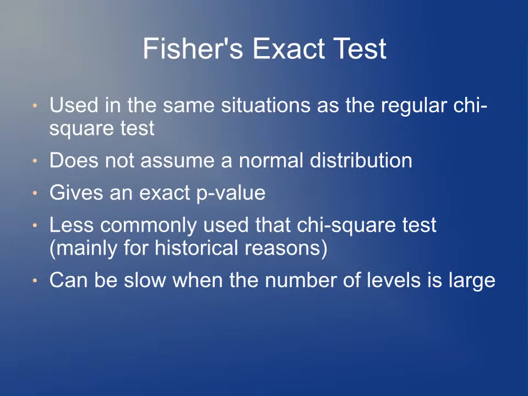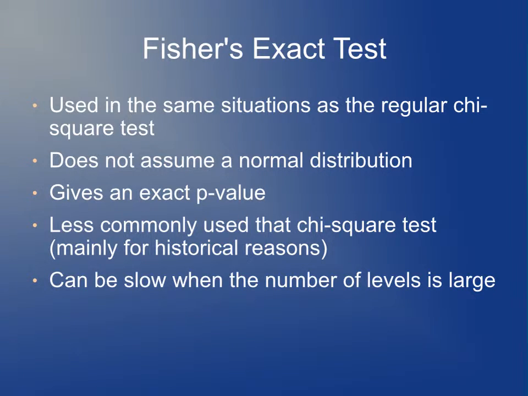Next test for categorical data is Fisher's exact test. You will use it in the same situation as the chi-square test. It also doesn't assume a normal distribution. It will give you an exact p-value, and it doesn't get used as much as the regular chi-square test. That's mainly for historical reasons.